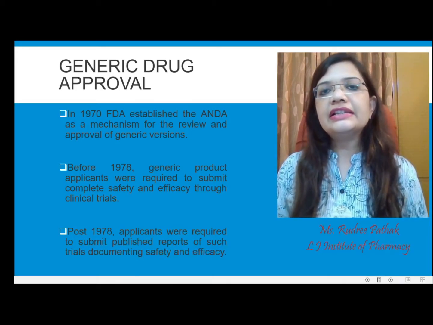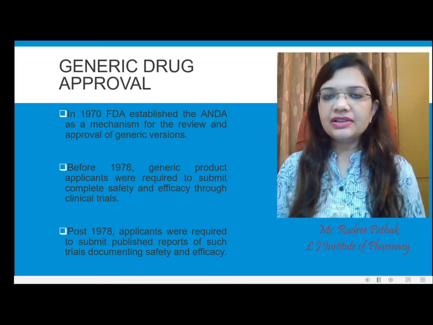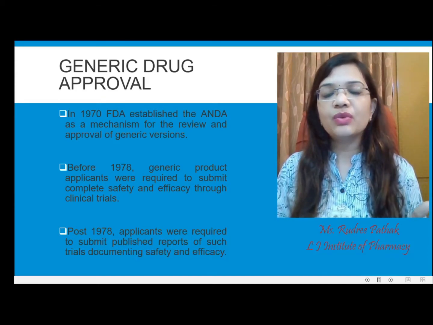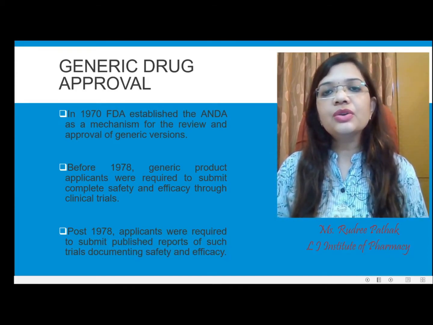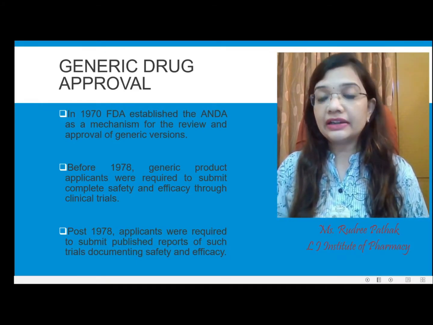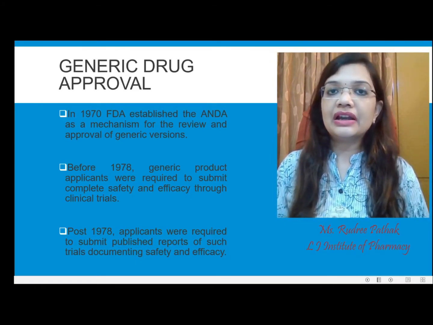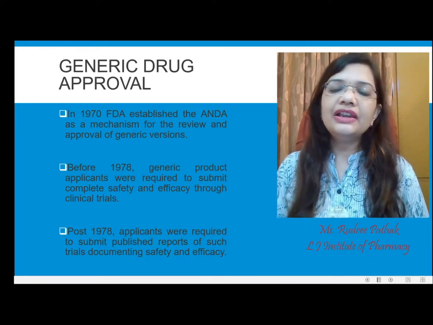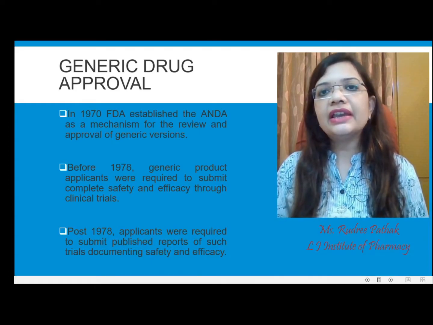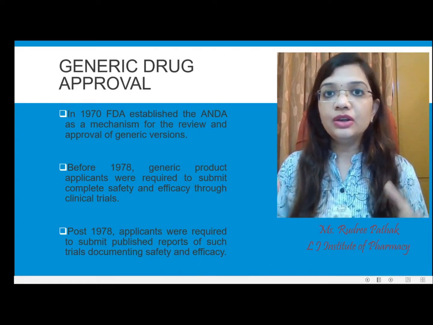But post 1978, the criteria and the regulations were changed in such a format that no longer applications were submitted after doing any kind of preclinical or clinical studies. That is, the studies which were conducted on animals and humans were reduced, and that were not needed when ANDA approval was actually looked upon.